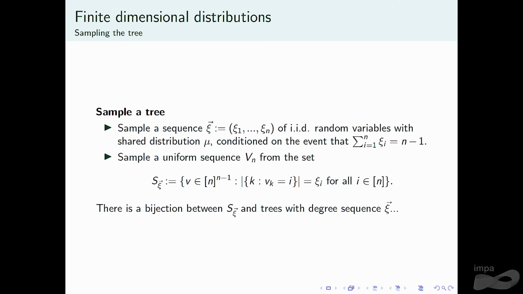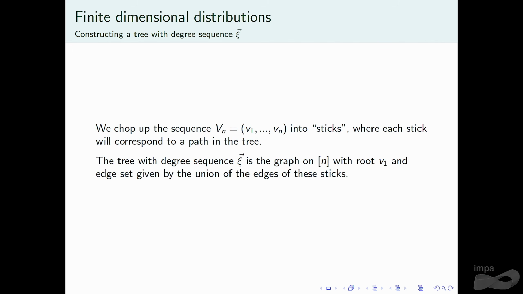So what we will see is that there's a bijection between these sequences and trees with a fixed degree sequence. So if anything, this is a fun way to construct a tree. I won't talk about the reverse bijection, but just the forward way, and hopefully you can see how to reverse engineer it from there.